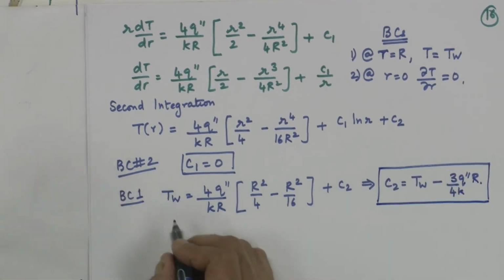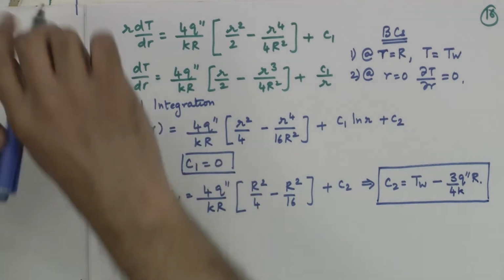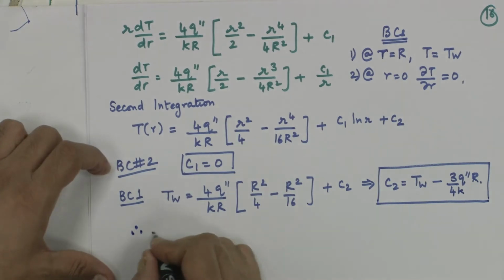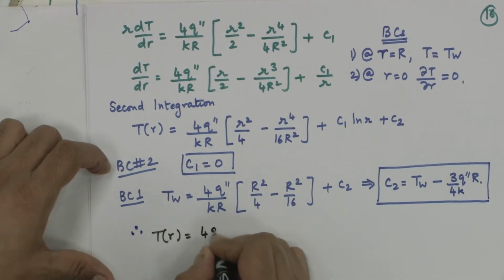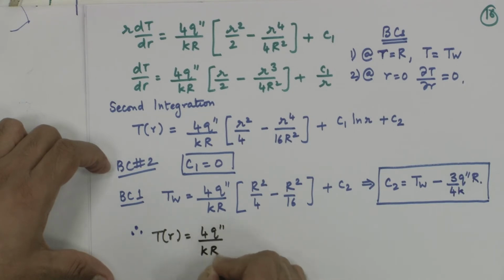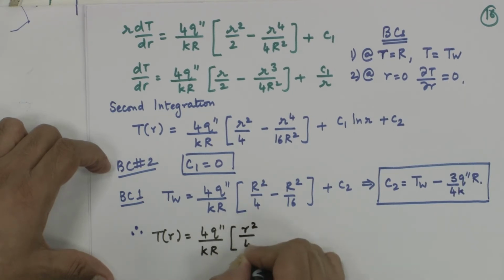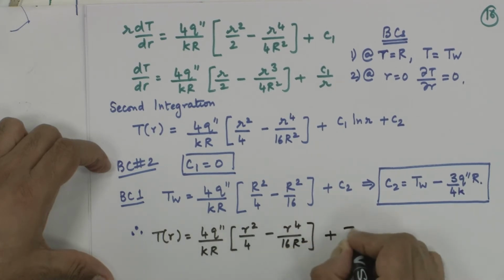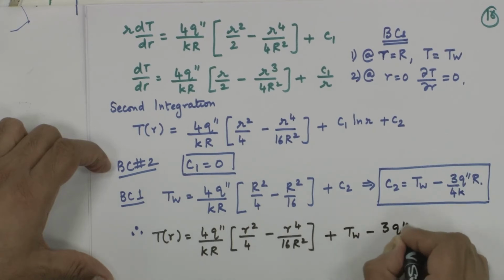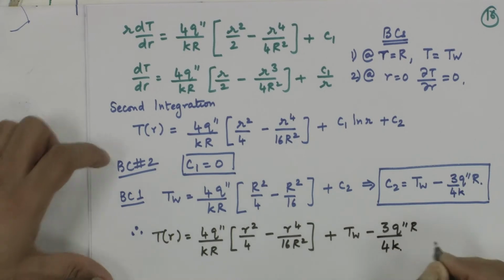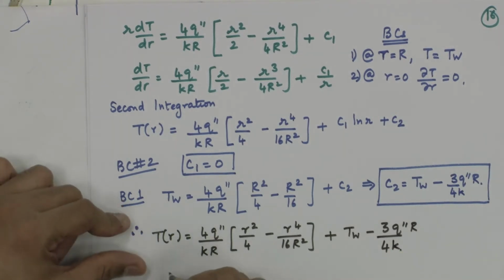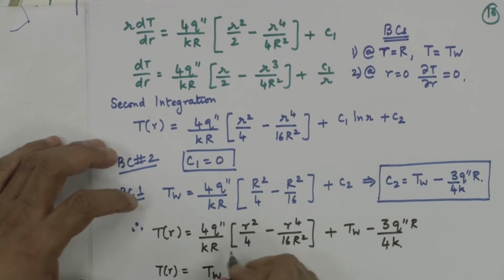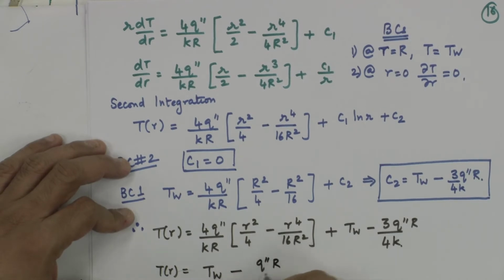So, I substitute for C2 and C1, therefore, temperature distribution T of r is nothing but 4 q double prime by k capital R, r squared by 4 minus r to the power 4 by 16 capital R squared plus T wall minus 3 q double prime capital R by 4 k. Which I like to make it in a form which is nice. So, T of r is equal to T W minus q double prime into R by k, everywhere that is appearing.